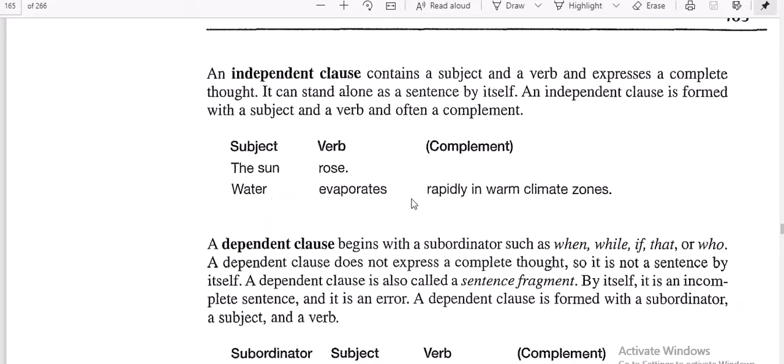So you can say, rapidly in warm climate zones, comma, water evaporates.